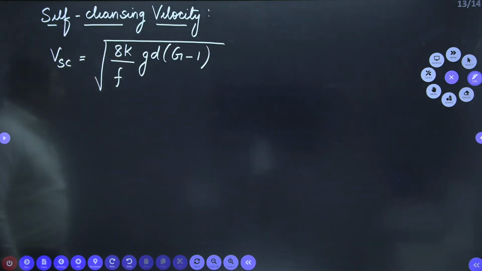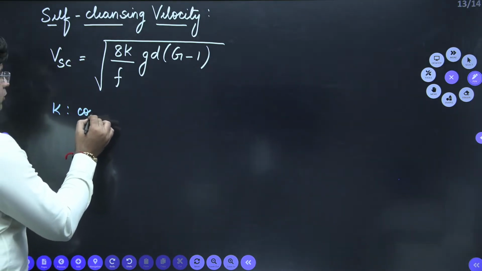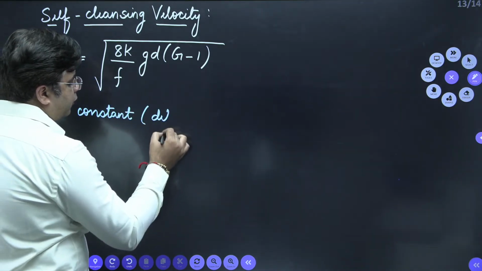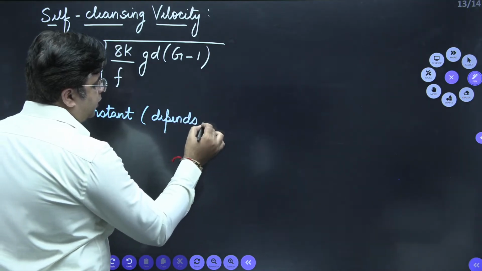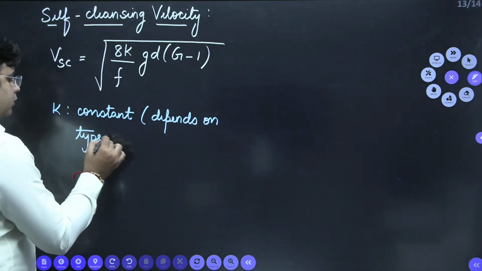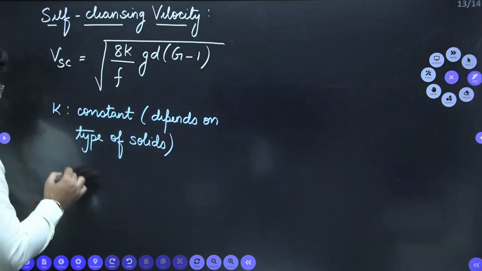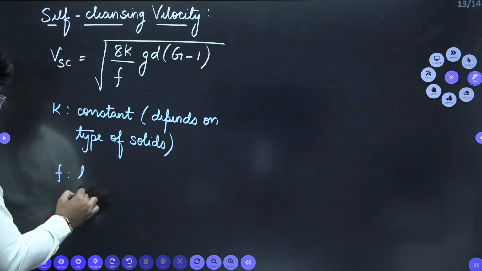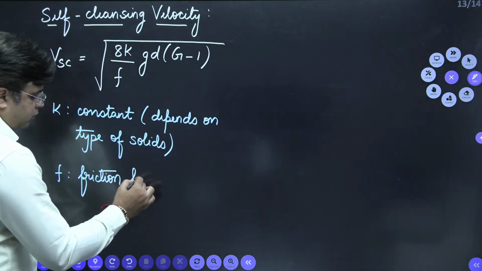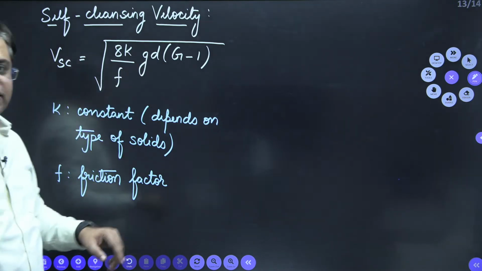This is your expression for self-cleansing velocity, where K is a constant that depends on type of suspended solids. Depends on type of solid. F is the friction factor. This small d is not the depth of flow.